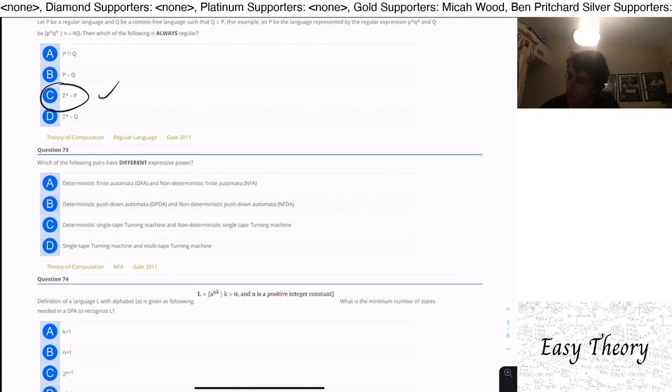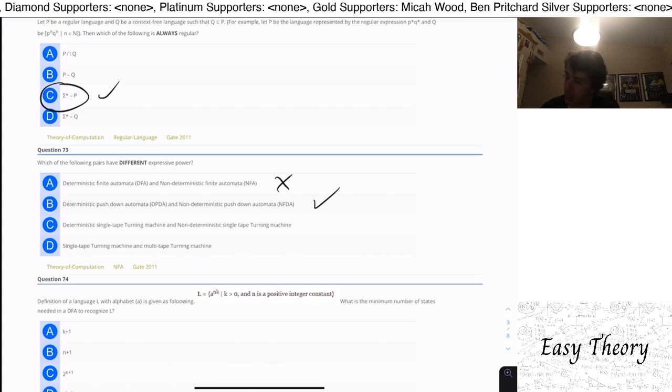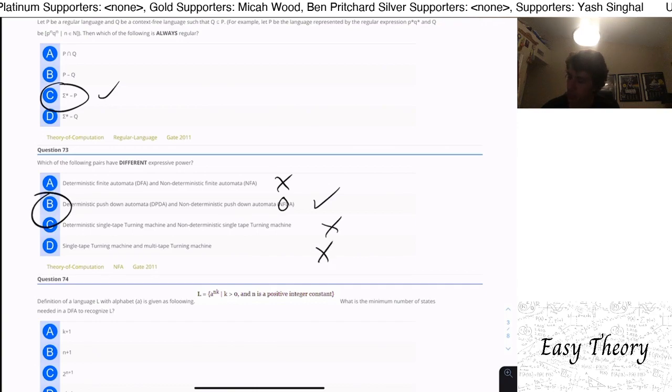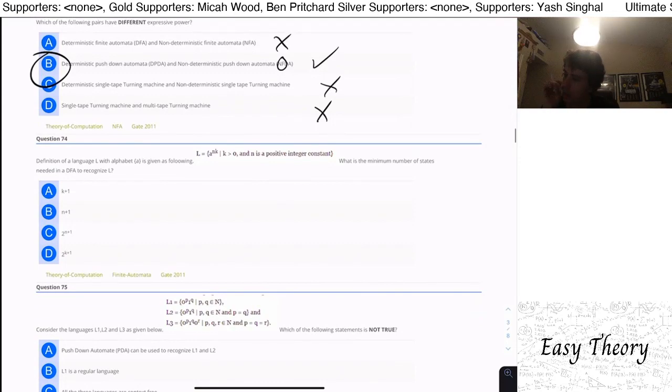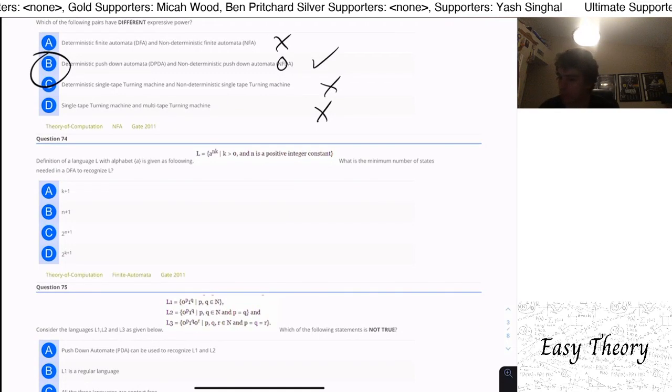Different expressive power? Nope. Yes. The F should be a D here, I think. Nope. Nope. So it's B. Because closure and complement for one and not the other.